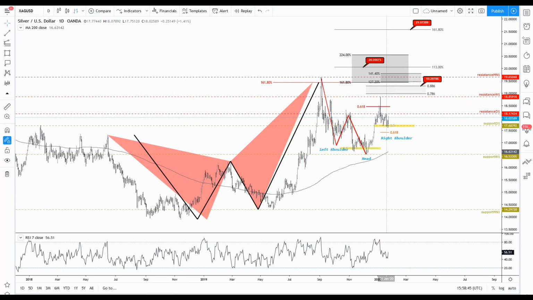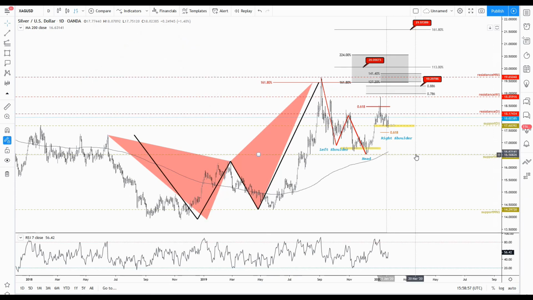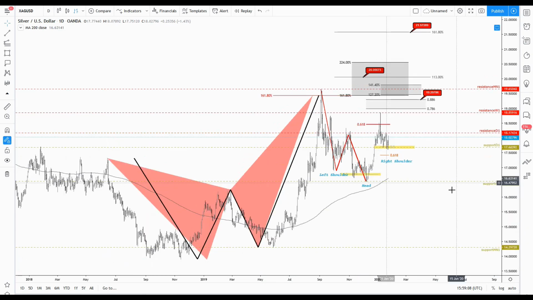So that being said, I want to share with you today my vision for silver. One of the reasons is because I'm holding my longs and I still believe there's room to trade higher with silver without ignoring the variables that the market is offering at this point.